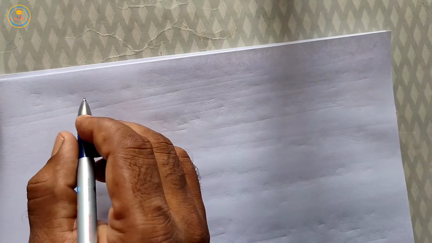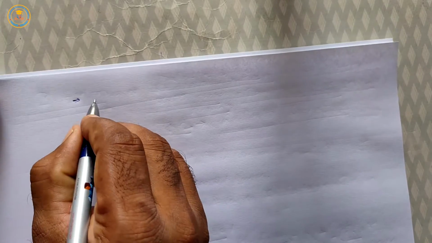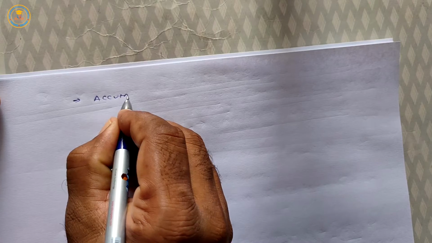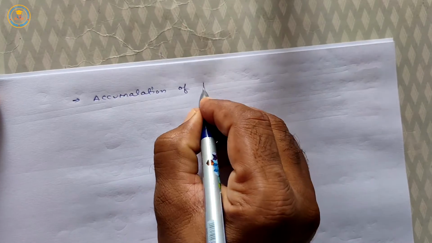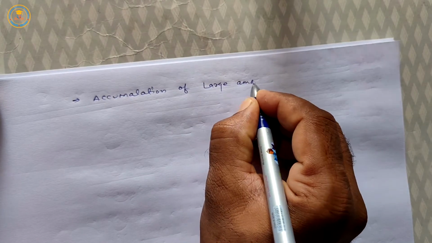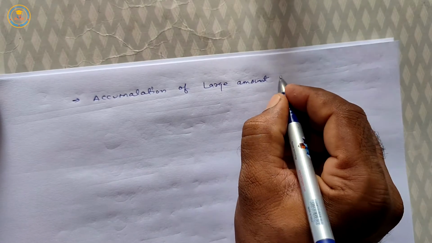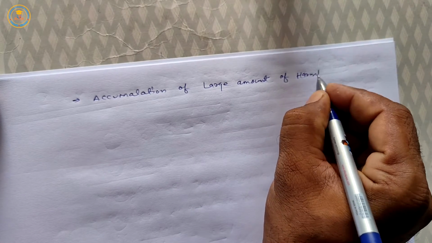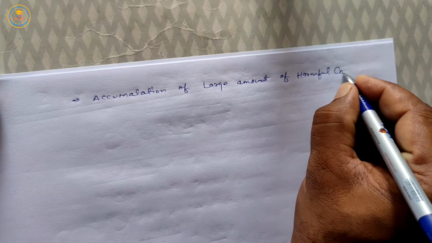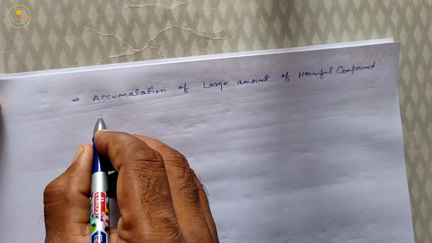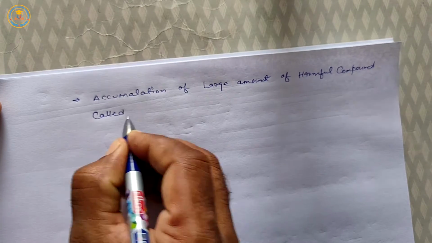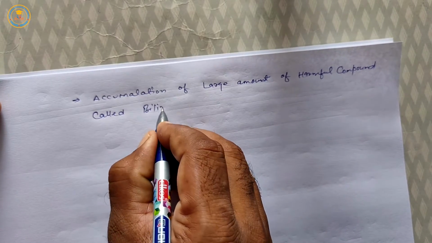Next is accumulation of a large amount of harmful compound called bilirubin.